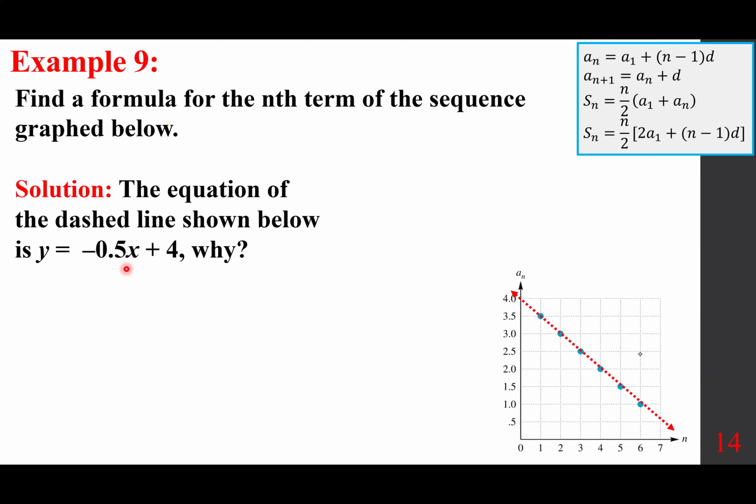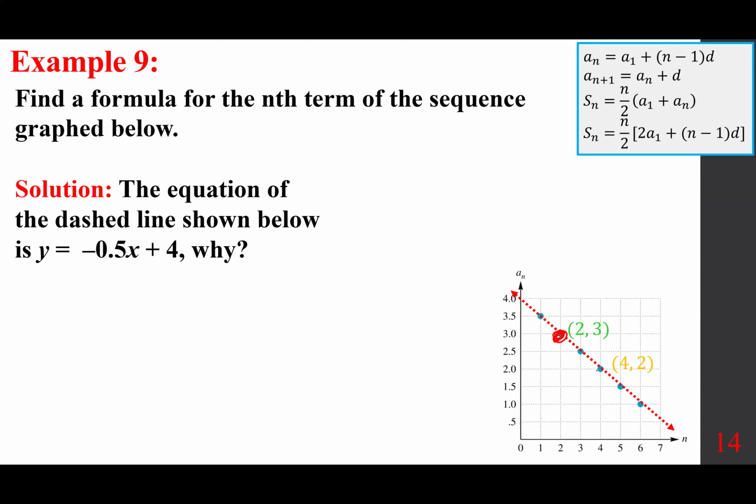Well, just pick up a couple of pairs, easy ones. For example, this one has coordinates 2, 3. This one has coordinates 4, 2. So let me just use a red mark here.